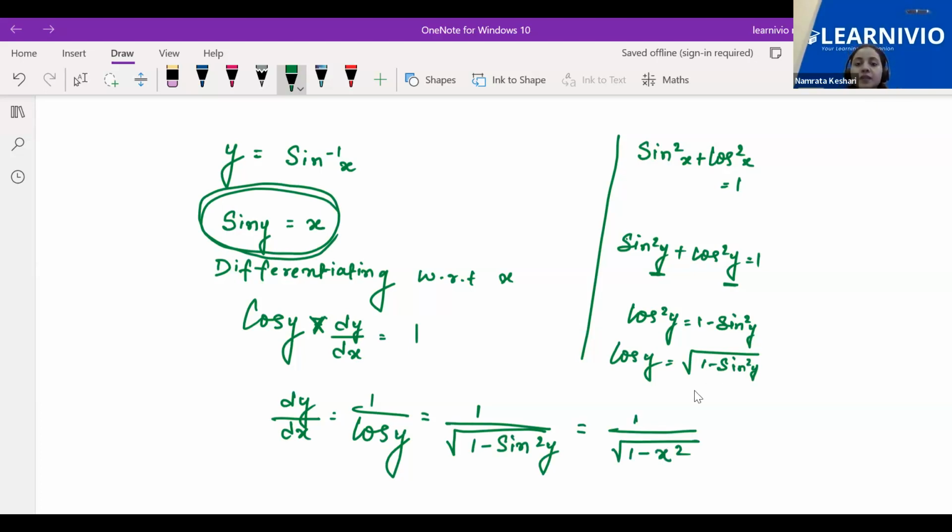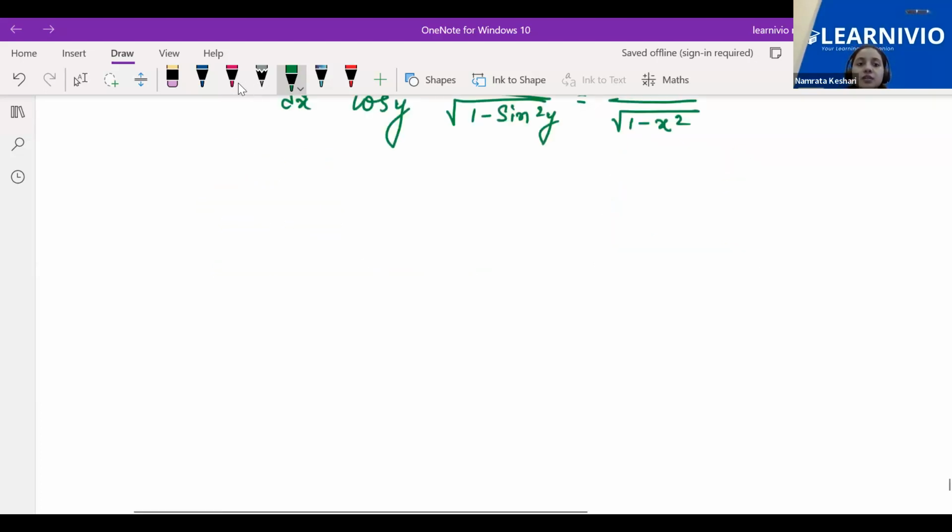Yes. Now the next, let's do for tan inverse x. Suppose we are having y is equals to tan inverse x. What are we going to do at first, Annapurna? Tan y equals x.